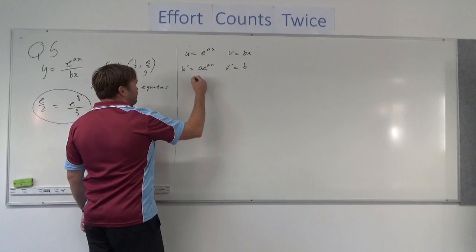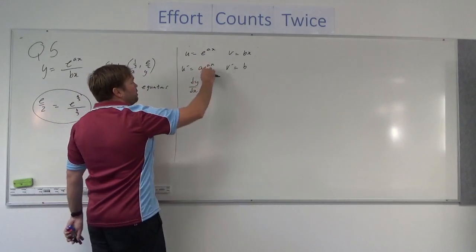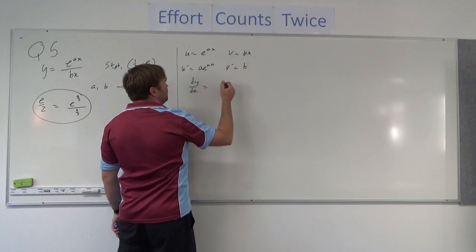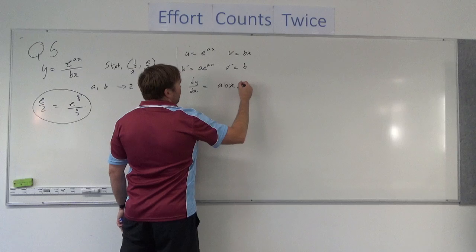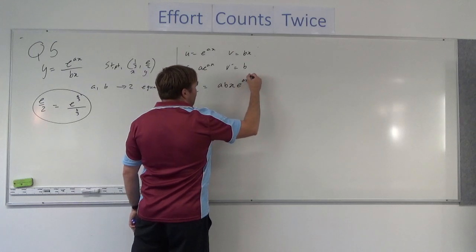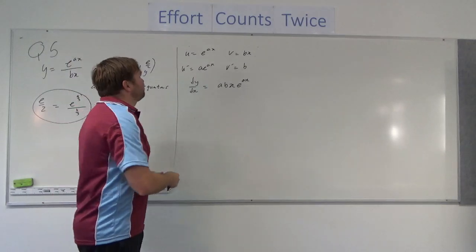Therefore dy/dx is u'v, which is abx e to the ax. By convention you put the e on the end and the rest in alphabetical order.